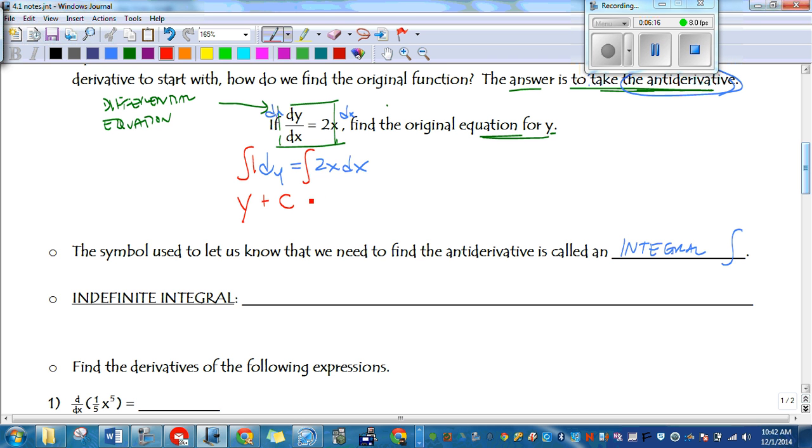Over here, we already talked about the antiderivative of 2x. That's going to be x squared plus C. These two constants are not necessarily the same, so for this instance I'm going to put a 1 and a 2 here to represent that they could be different constants. To solve for y, which is our goal here, I would subtract C1 from both sides.